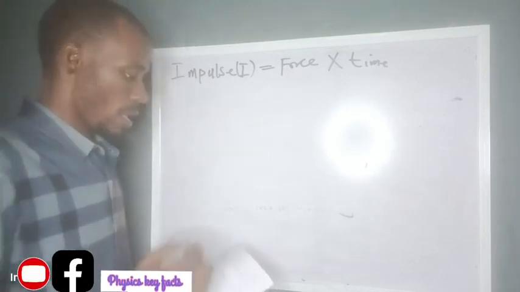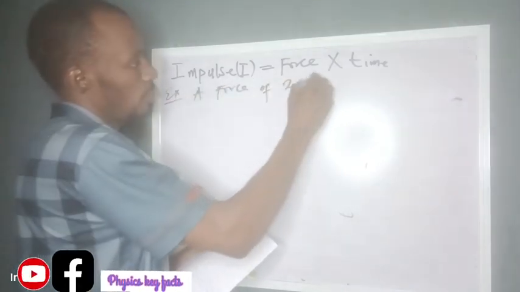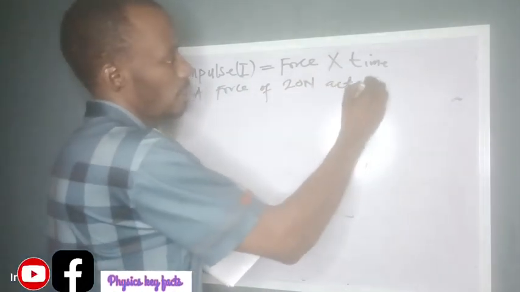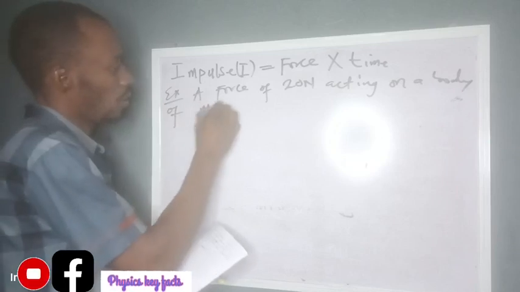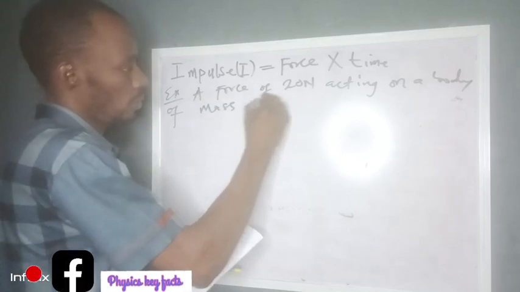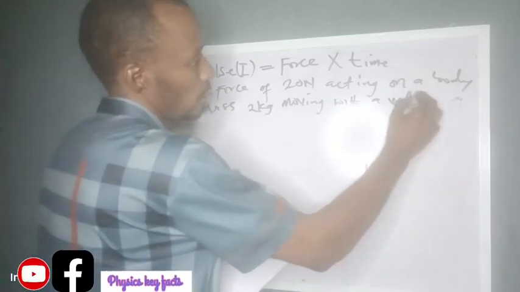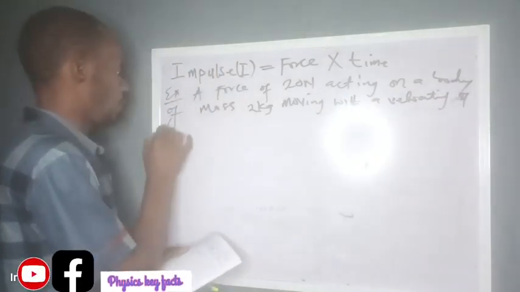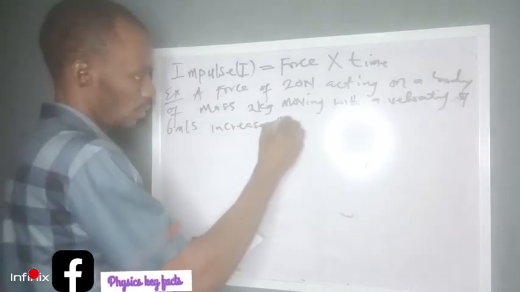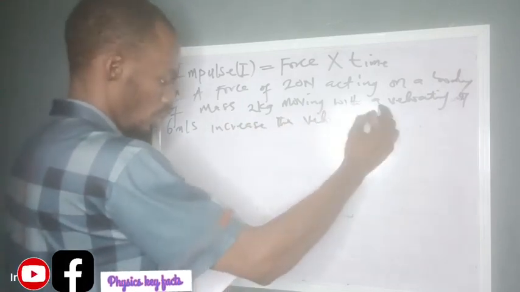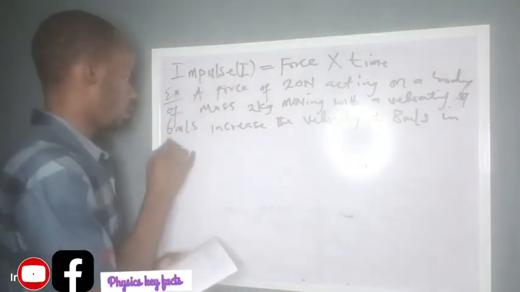So this problem says, example, a force of 20 Newton acting on a body of mass 2 kilograms moving with a velocity of 6 meters per second increases the velocity to 8 meters per second in 0.2 seconds.